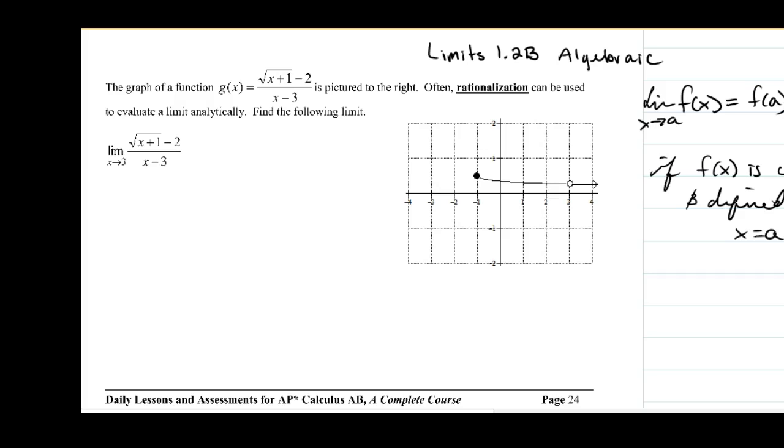But sometimes we would have a point discontinuity that graphically would look something like this, and we'd have this hollow point, and analytically this would be when I would have a factor in the denominator that I also had in the numerator, something that could cancel out. And when something would cancel out, that's my point discontinuity. And I would have a point discontinuity where this factor equaled 0.